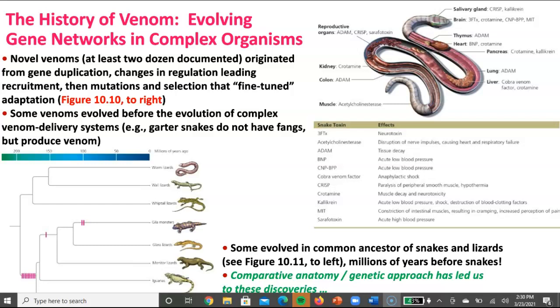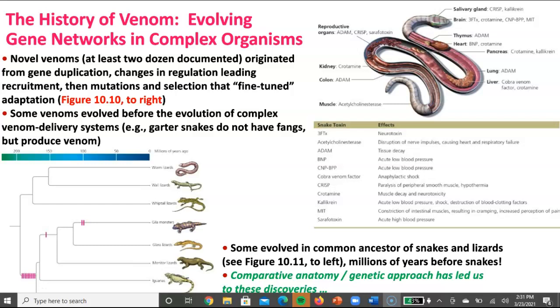Some of these venoms evolved millions of years before snakes originated. For example, some of the iguanas and monitor lizards, glass lizards, Gila monsters. We've got venoms in all these guys, and you can see by the cladogram that a bunch of venoms evolved in the common ancestor of all of them. It's just taken off at an accelerated rate in snakes.